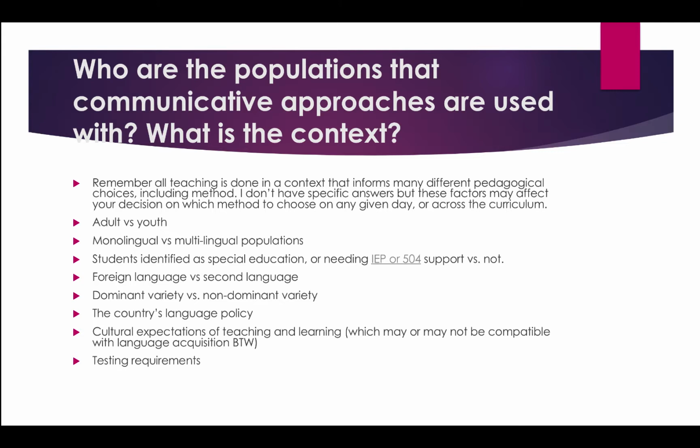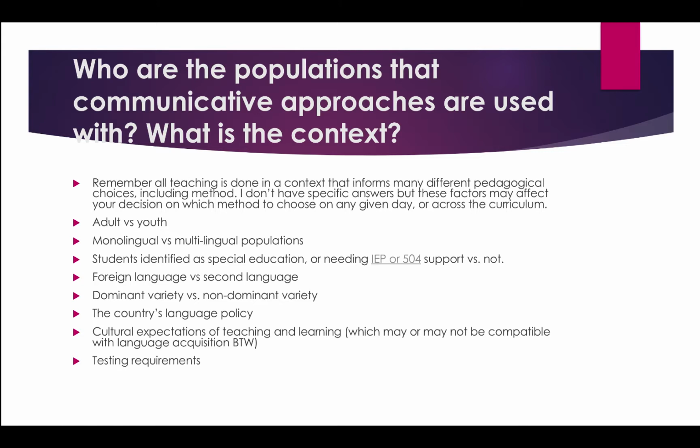But you may feel that some variants, some applications, might be more appropriate with one population versus the other. When you're working with multilingual versus monolingual populations, like in foreign language contexts, for example, somewhere in the Middle East, you're teaching English to engineers. They're all monolingual. That is to say, they all share the same first language, versus multilingual populations where people don't share the same first language and they're all in the same classroom.